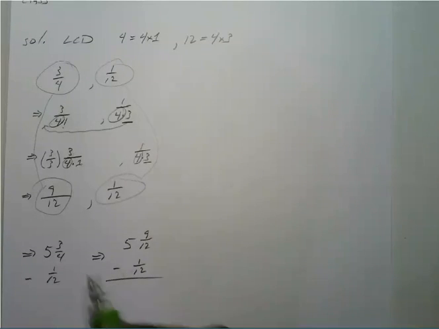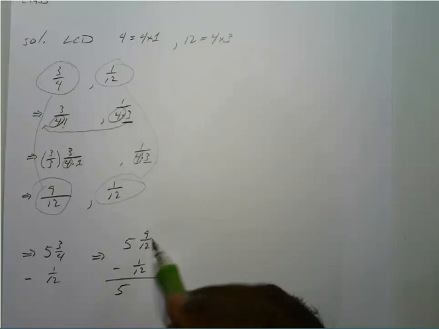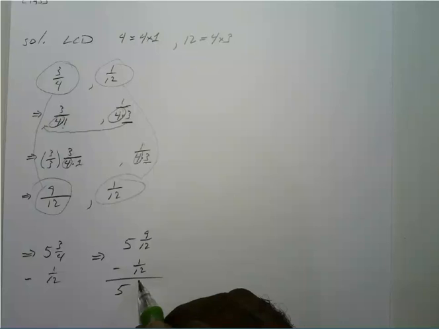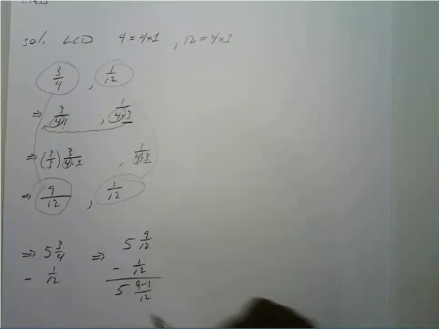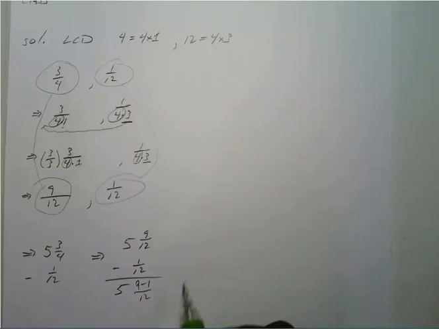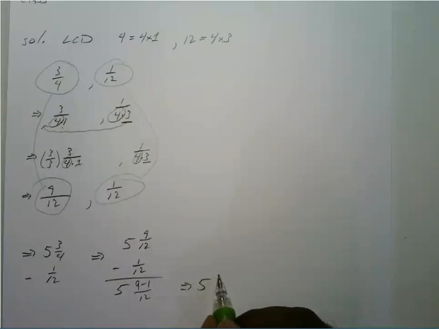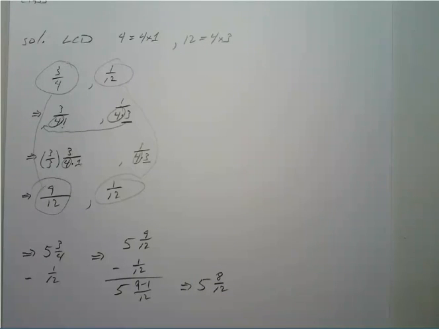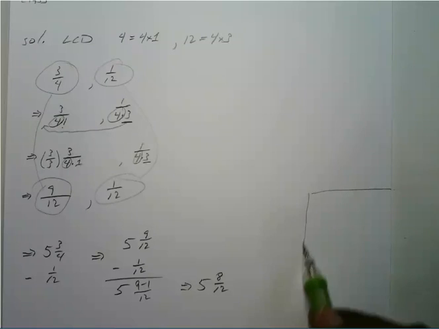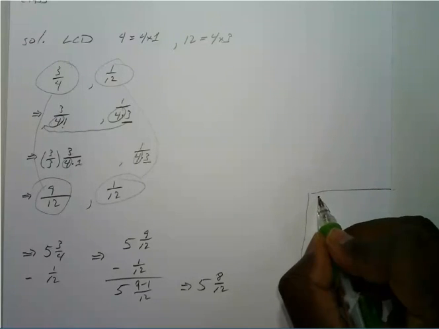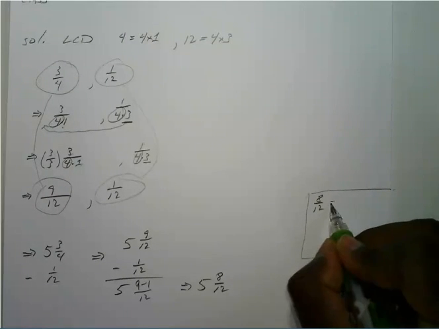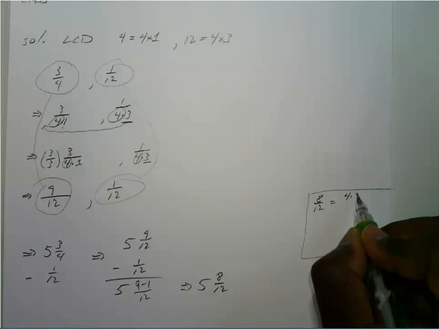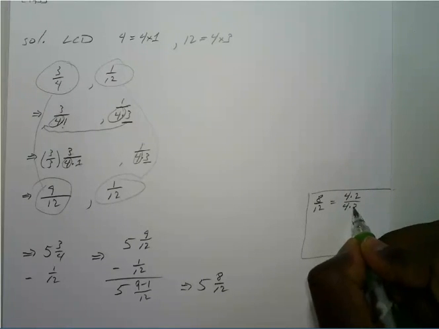5 minus 0 is 5, and you have 9 minus 1 over 12. Okay, so that's 5, and 9 minus 1 is 8 over 12. And this can be reduced because 8 over 12 is just 4 times 2 over 4 times 3.